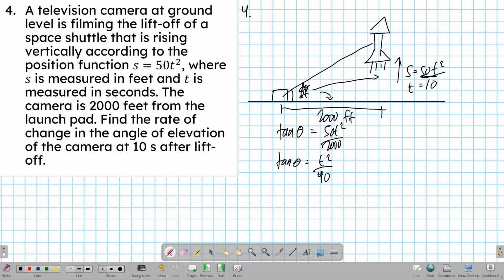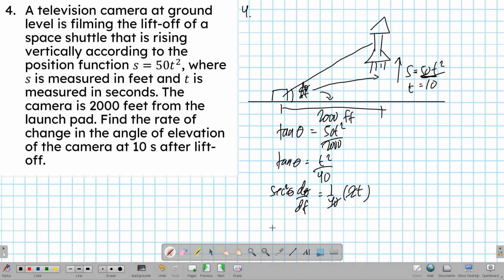So since we now have to find the derivative of that, d over dt. Differentiating the function, I'm going to have secant squared theta d theta over dt will then be equal to 2t over 40, because it's already a function of trigonometry, theta over dt is 1.